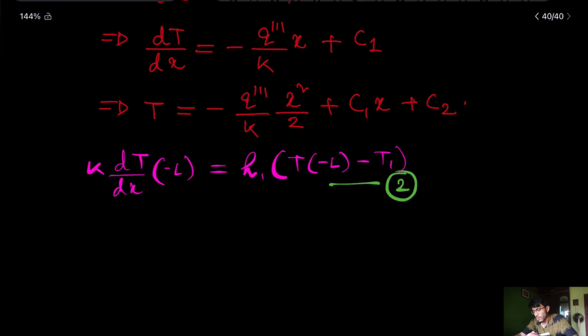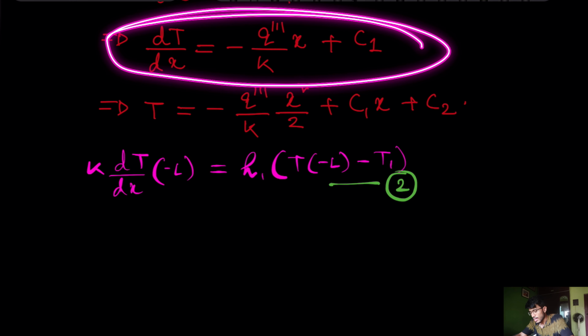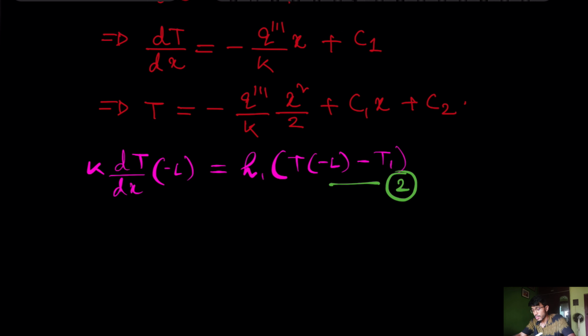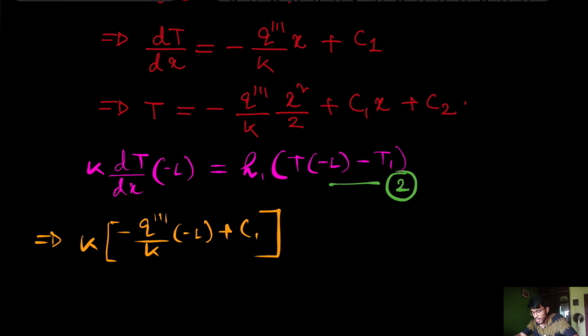Now from here you put x equal to minus L in this equation, because I have to find dT/dx at x equal to minus L. So if I write that, k into minus q triple prime by k into minus L plus c1 is equal to h1 into T of minus L, that is unknown, but I have to write this T of minus L from this equation, right?